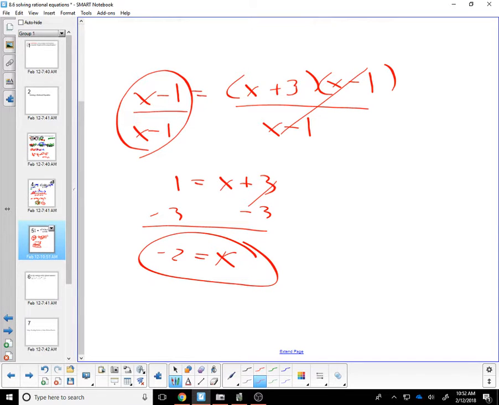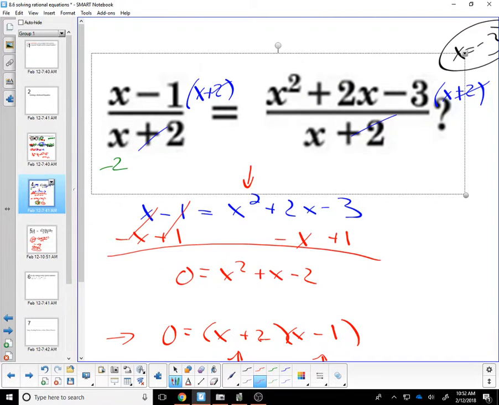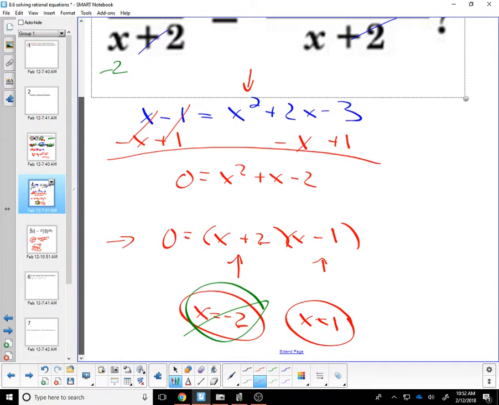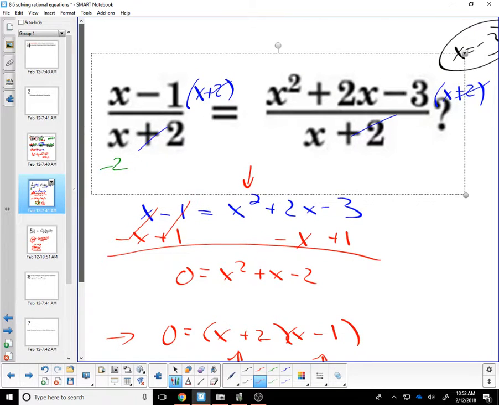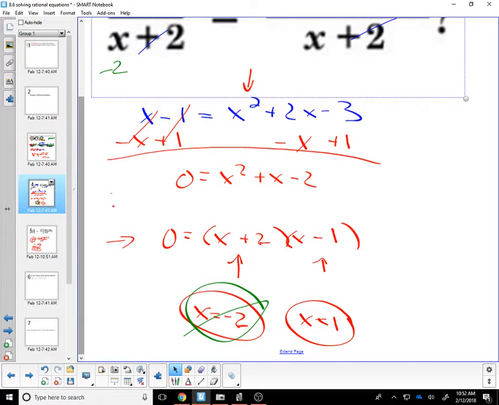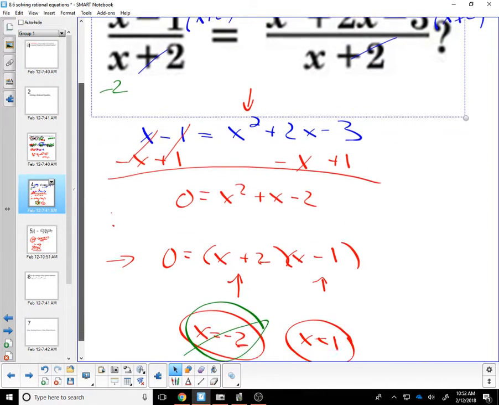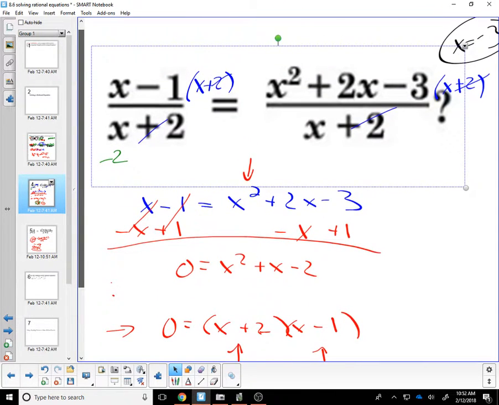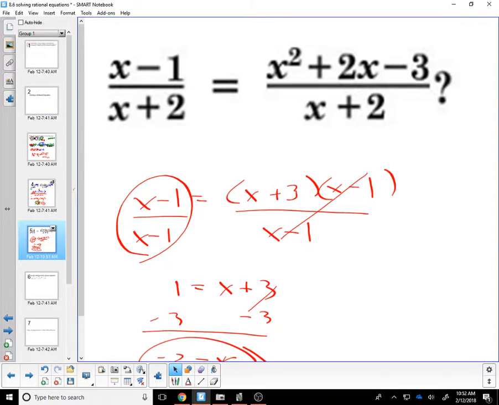What you ended up with was the non-removable discontinuity. Nope, no, I take that back. Because 1 was non-removable, right? Yeah. No, 1 was removed. 1 is removed because we got, in the way you did it, yeah, it was removable. So that's why it didn't show up. Can't do different ways to get the same answer.